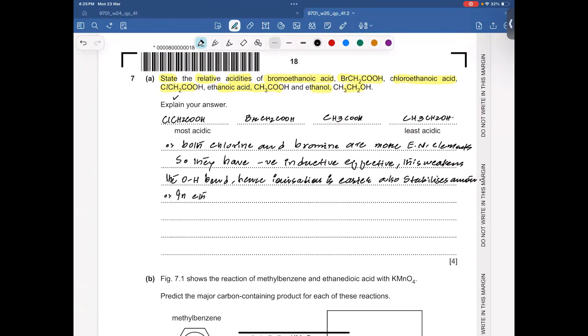In ethanoic acid, CH3 is an electron donating group with a positive inductive effect.